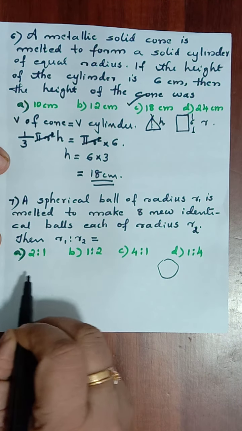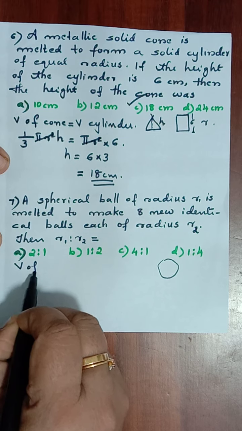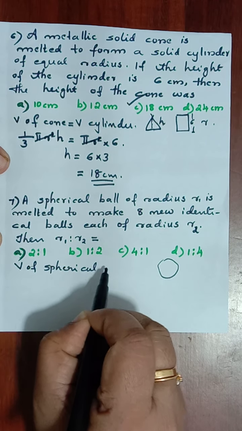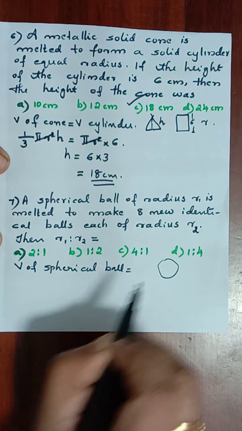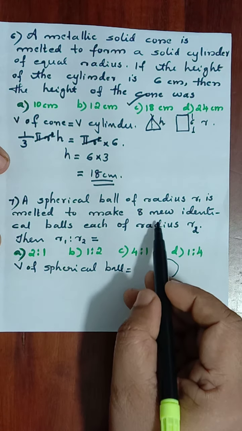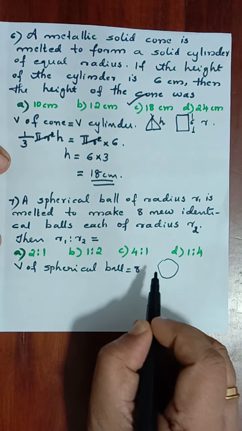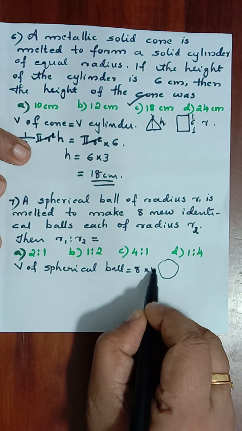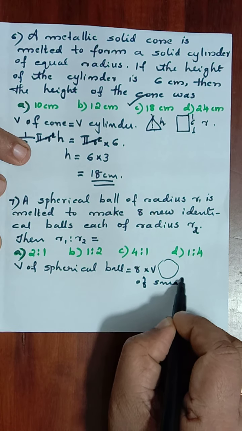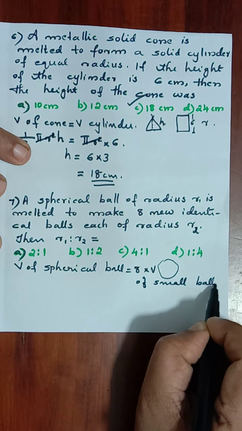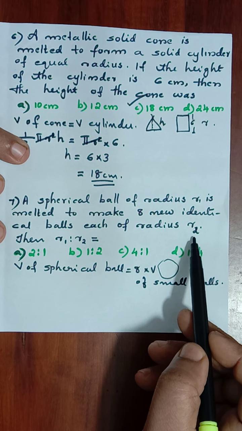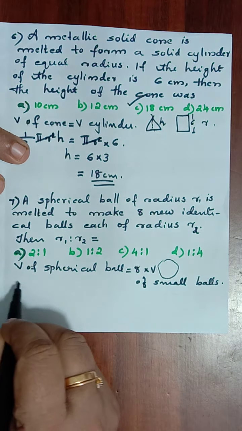We have to take volume of spherical ball. Volume of spherical ball equal to 8 new identical balls, 8 into volume of small balls. Small balls are having radius r2 and the bigger one is having radius r1.